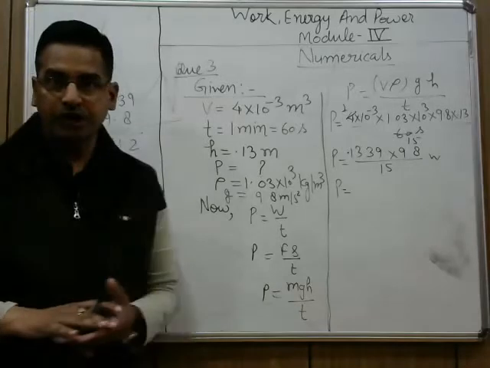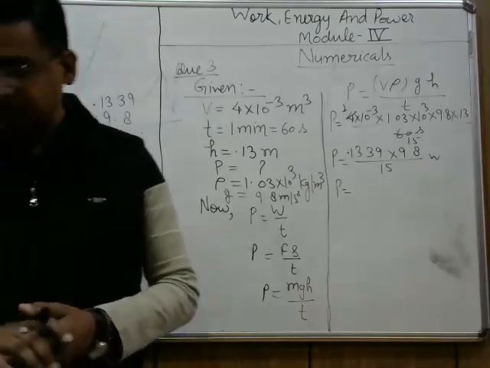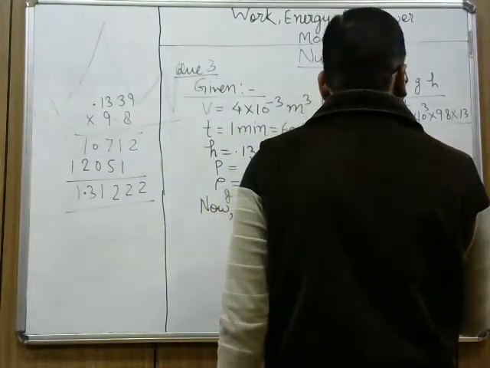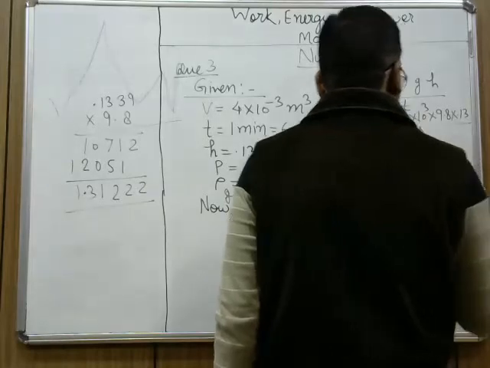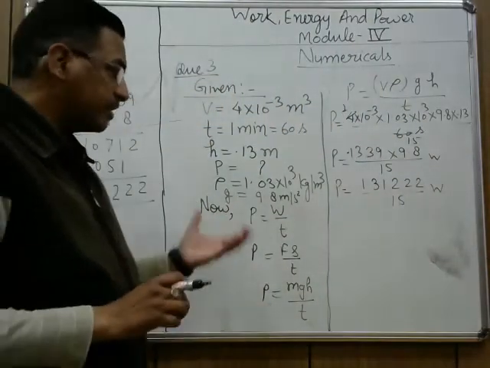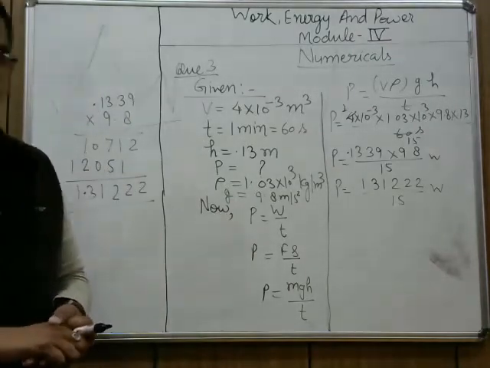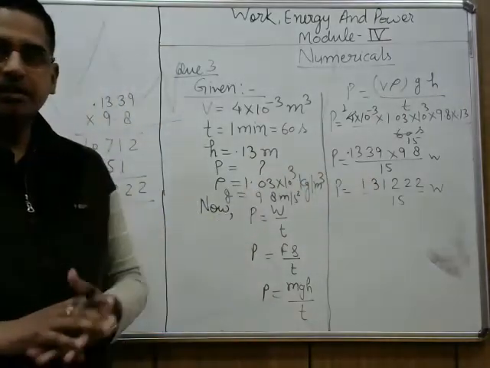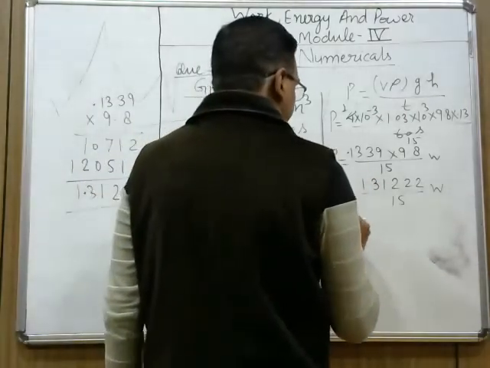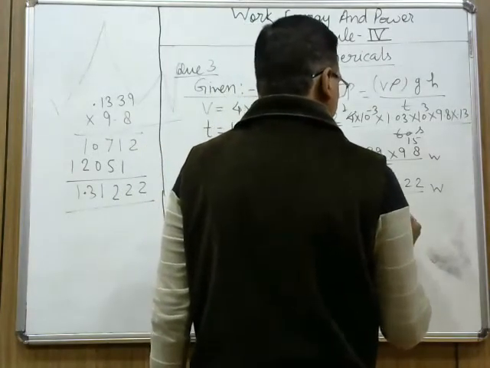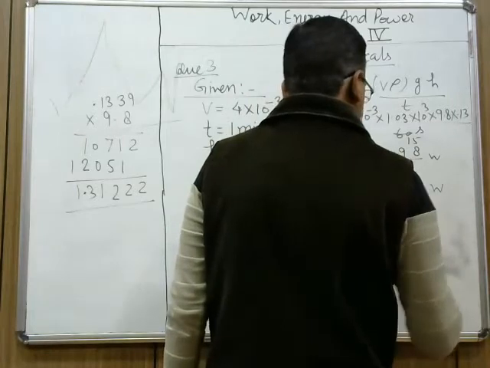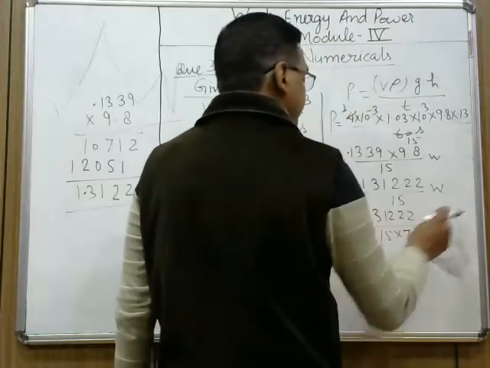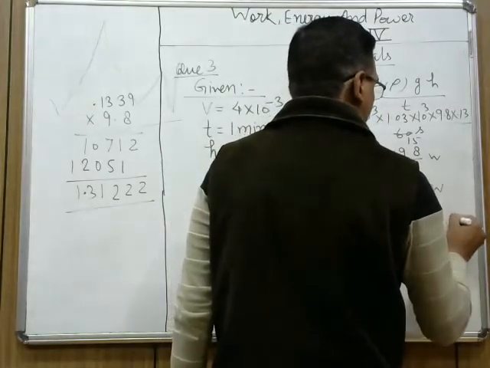So it is coming 1.31222. 1.31222 upon 15 watt. Now the power is required in horsepower, and in 1 horsepower there are 746 watt. So in order to convert watt into horsepower, I will have to divide it by 746 horsepower. Now it is in horsepower.